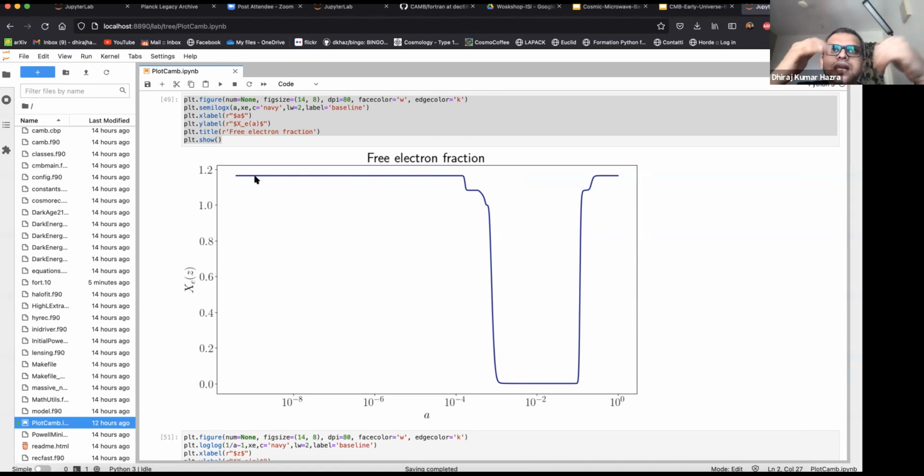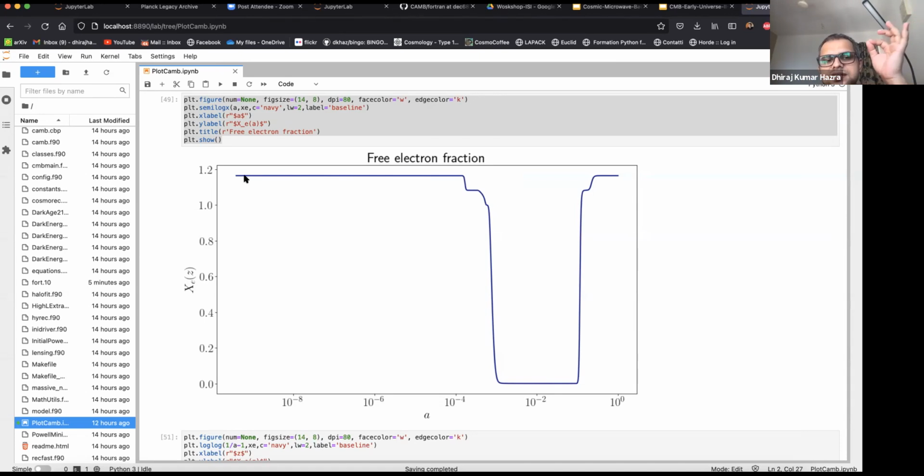But there are more electrons than the electrons from the hydrogen atom, because we are getting electrons from helium as well, from the first and second ionization. Depending on the primordial helium fraction, it comes out to be nearly 1.16.